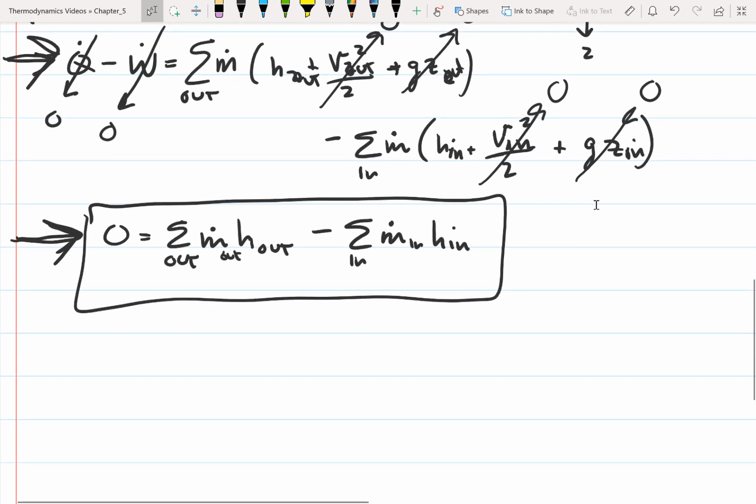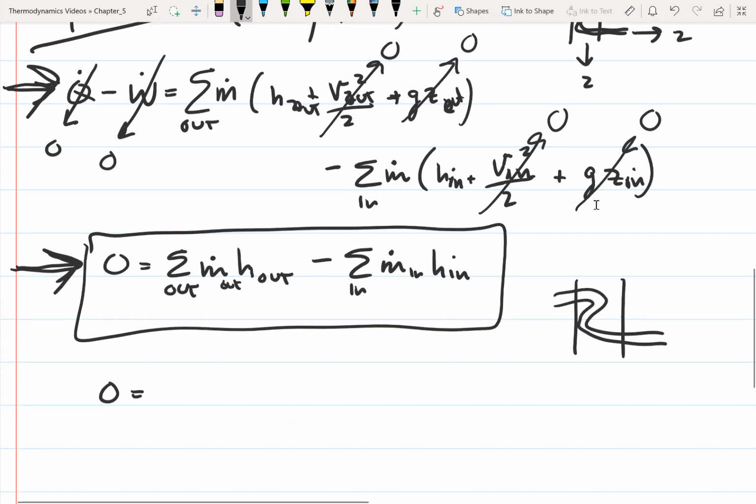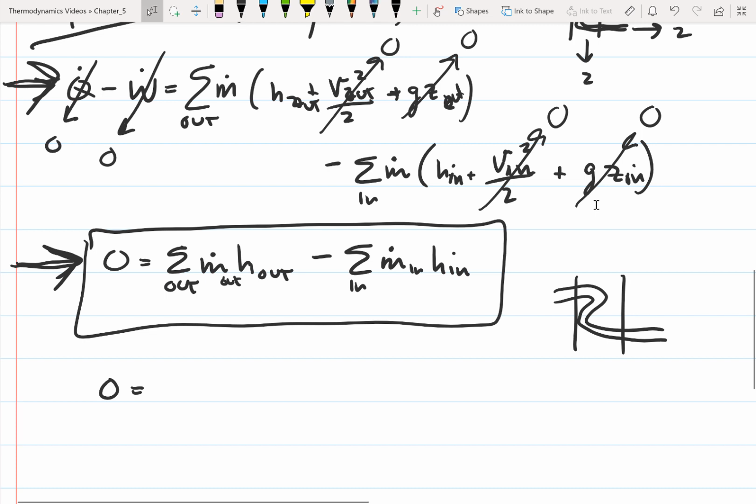All right, now let's write in our actual inlets and outlets, and I'm going to use the terminology that I had before. So just draw this again. The hardest part with these heat exchangers is to just keep track of everything.